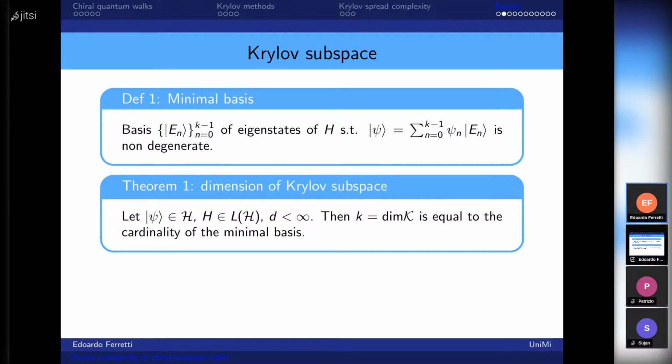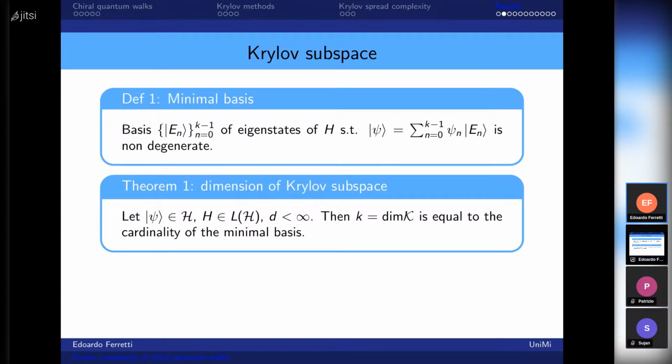First of all, it is not simple, or at least it was not given, what's the dimension of the Krylov subspace given an initial state.